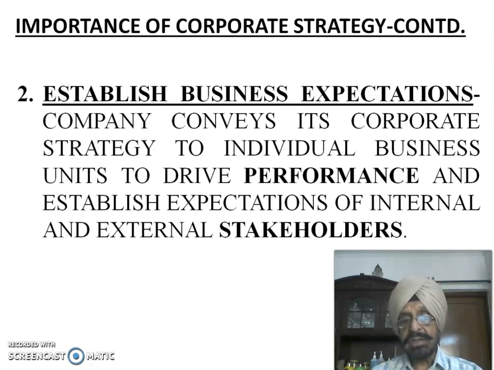Each shareholder has got expectations and it will depend upon performance. The company conveys its corporate strategy to individual business units to drive performance and establish expectations of internal and external stakeholders. Internal being our employees, management, etc., and external being the people who have invested their money with us, and also the market leaders, suppliers, dealers, etc.